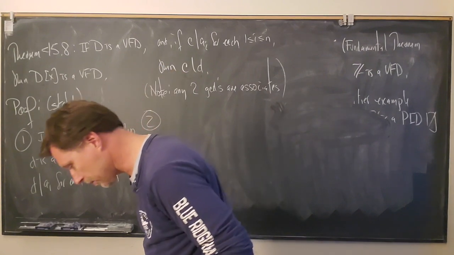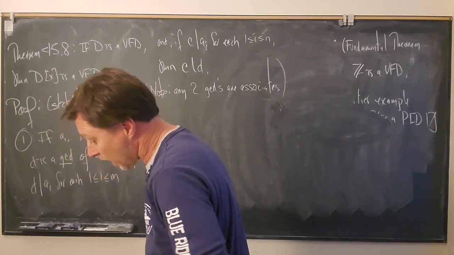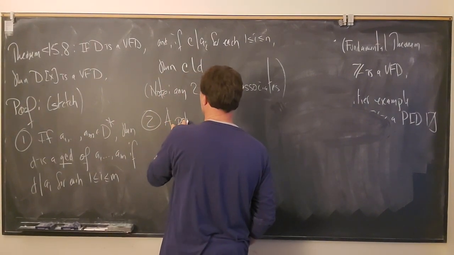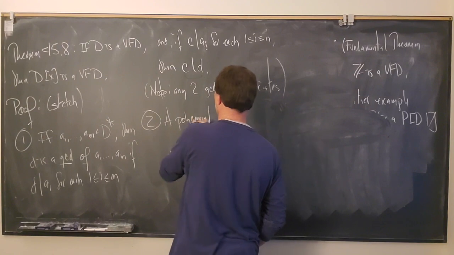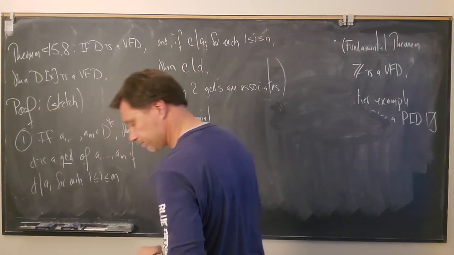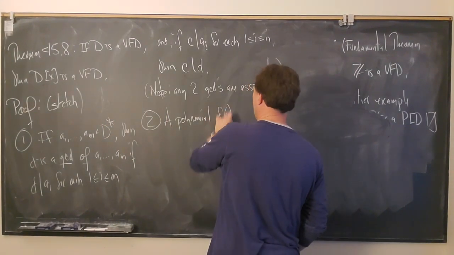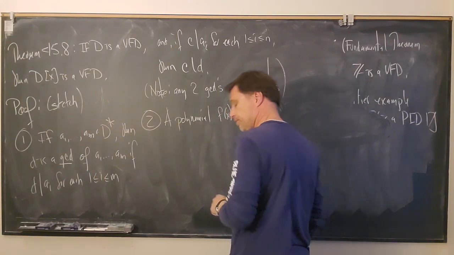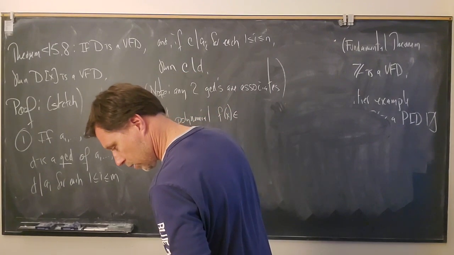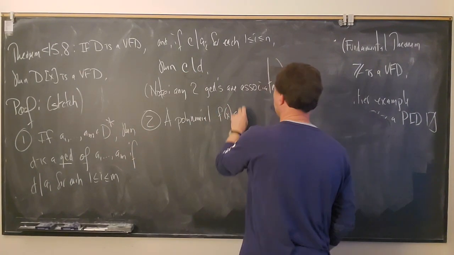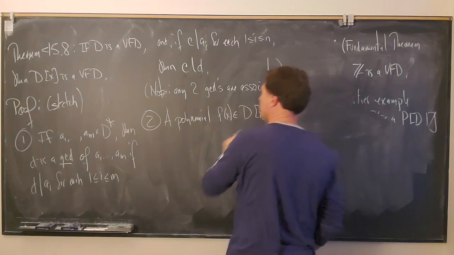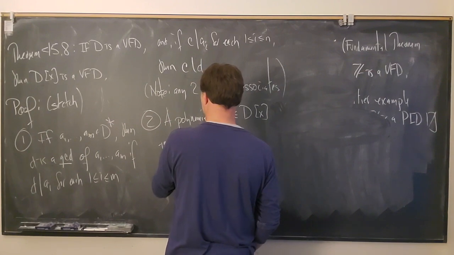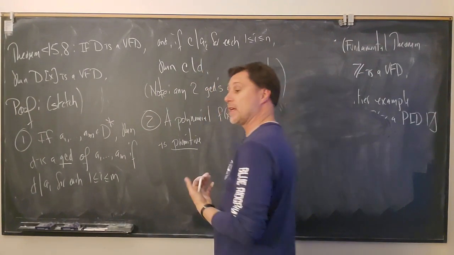The second step, and this is not really a step, but once again it's a definition. So a polynomial f(x) in D[x] is primitive. So we need to generalize this idea of primitive.